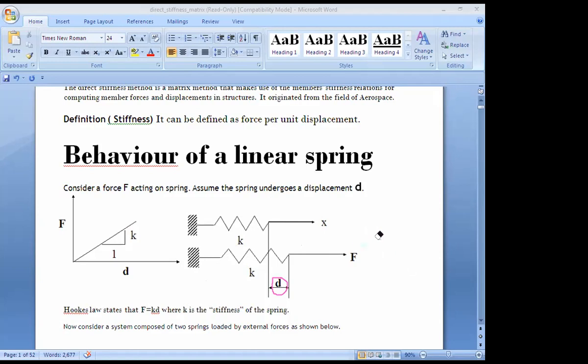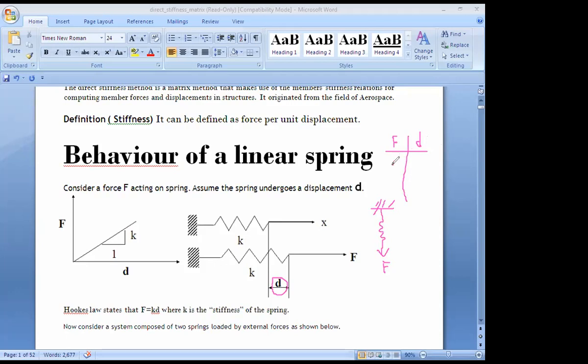If you have your spring and you load it with some force F, and then you create a table where you have force on one side and displacement D on the other side.